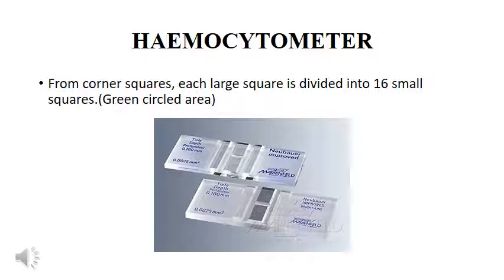We discussed this in slide number 3, when we marked the corner squares in a green circle. You can see a diagram of a Neubauer chamber. We use this chamber in our daily routine in laboratories.